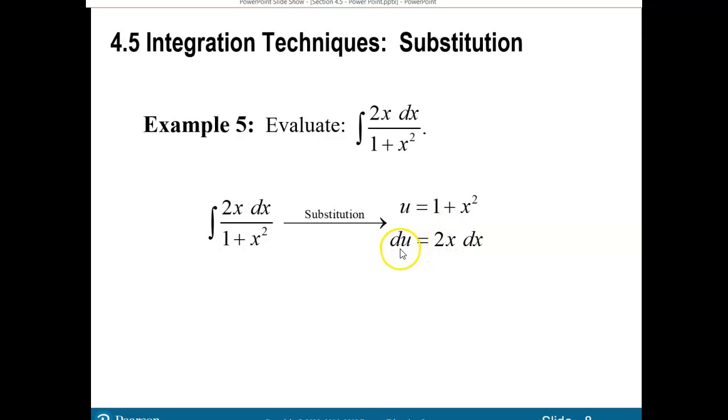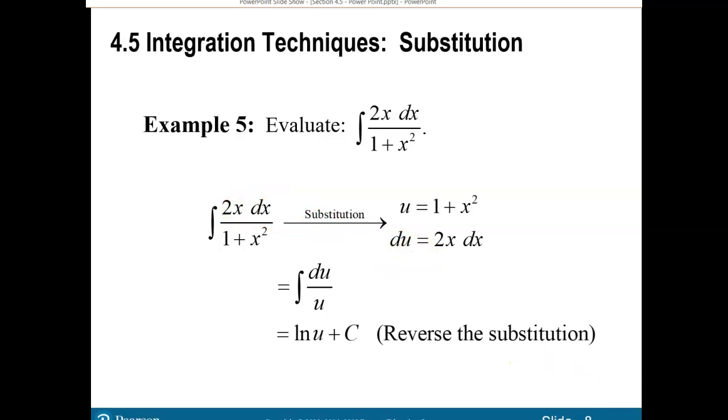When I take its derivative, du, the derivative of 1 is 0. This is going to give me 2x dx, which is exactly what's on the top. So we replace the bottom with our u, and then this whole thing on top is our du. Remember, this is like 1 over u du, so that's where we get natural log of u for the antiderivative plus c.